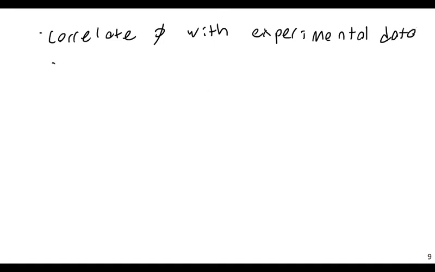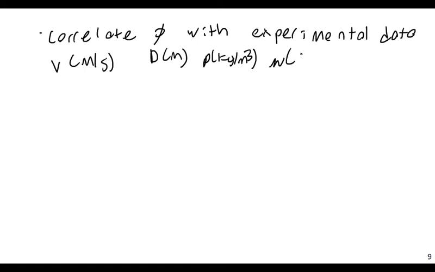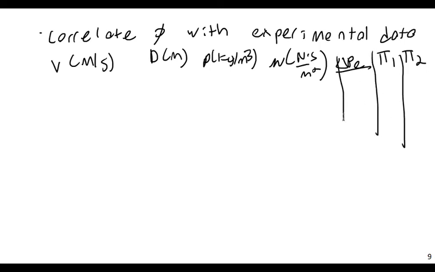We would create a spreadsheet that said velocity in meters per second, d in meters, rho in kilograms per cubic meter, mu in Newton seconds over meters squared, delta PL, etc. And then I'd have columns for the calculated values of pi 1 and pi 2.